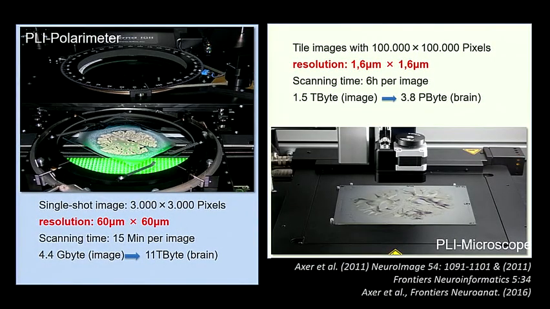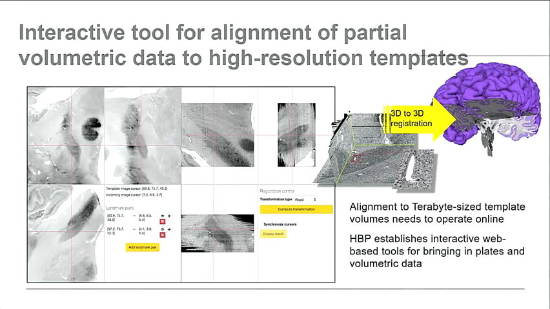The challenges are similar when it comes to fiber architecture, and Svenja Kaspers has illustrated some examples. We are using in our lab 3D polarized light imaging in order to analyze sections, and very often when we use such very high resolution methods like polarized light imaging, two-photon imaging or light sheet imaging, we can only image small pieces of the brain.